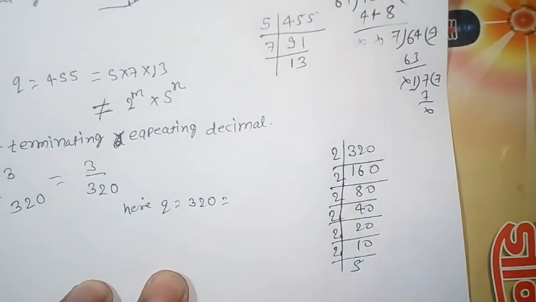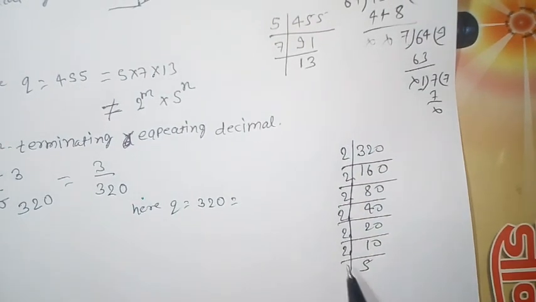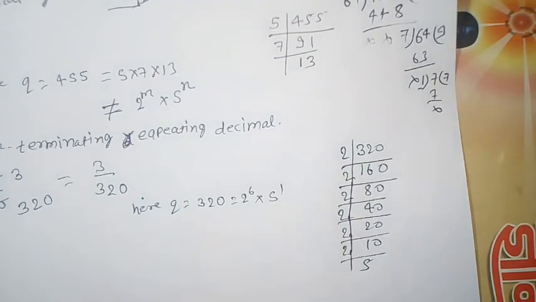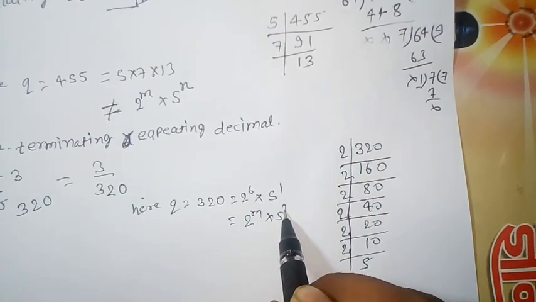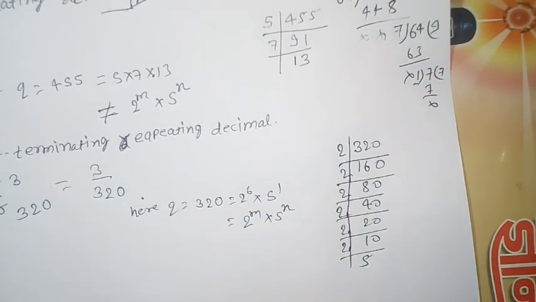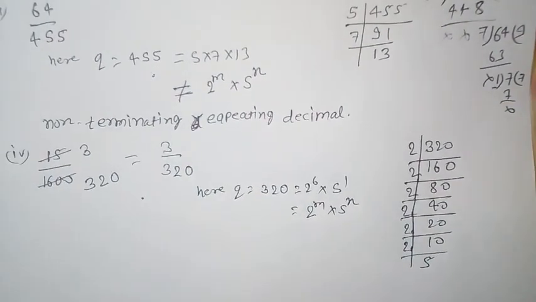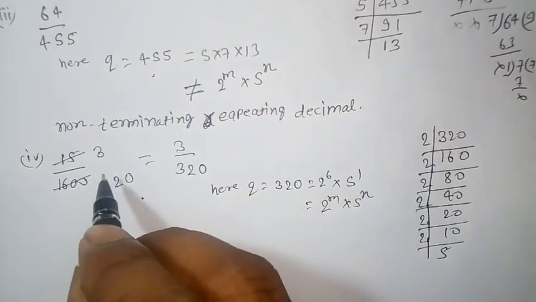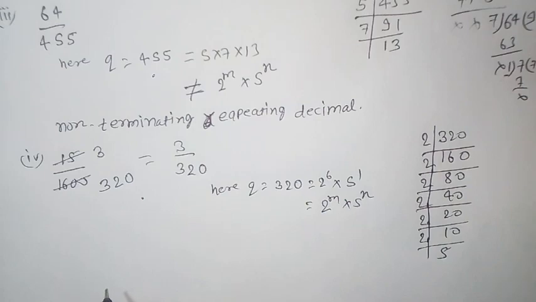Here 2 is 6 times and 5 is 1 time. This is in the form of 2 to the power m into 5 to the power n. Therefore 15 by 1600 is a terminating decimal expression.